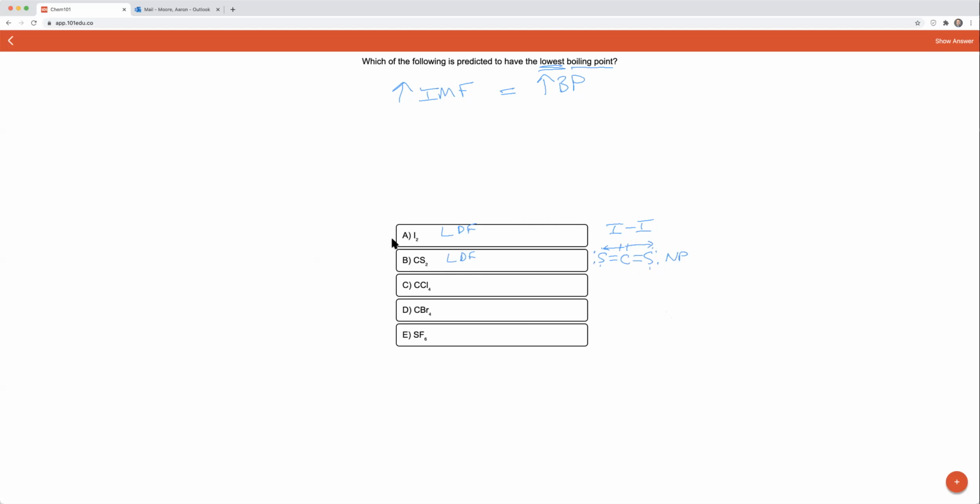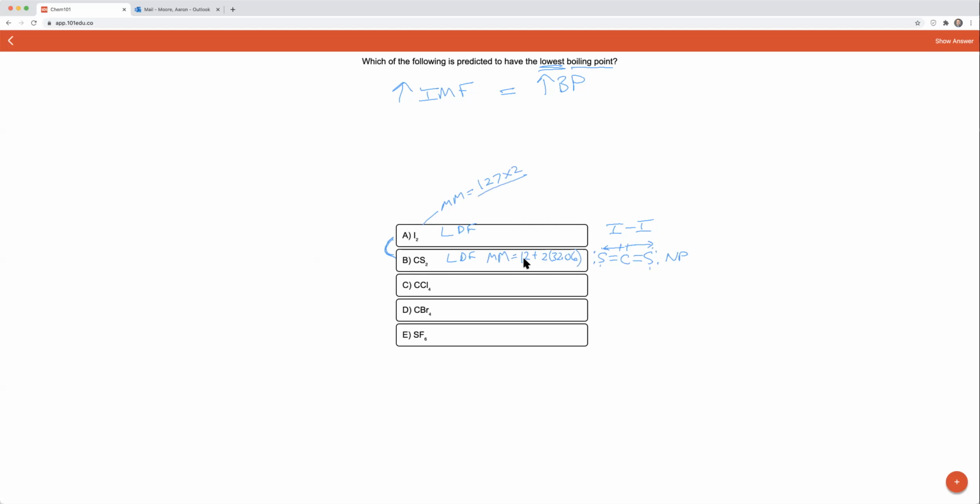Now let's pause for a minute and compare these two. Remember that the amount of London dispersion forces depends on the mass. If you look at your periodic table, iodine is pretty heavy, so this has a molar mass equal to 127 times 2. The carbon disulfide molar mass is 12 for the carbon, plus 2 times 32.06 for the sulfur.